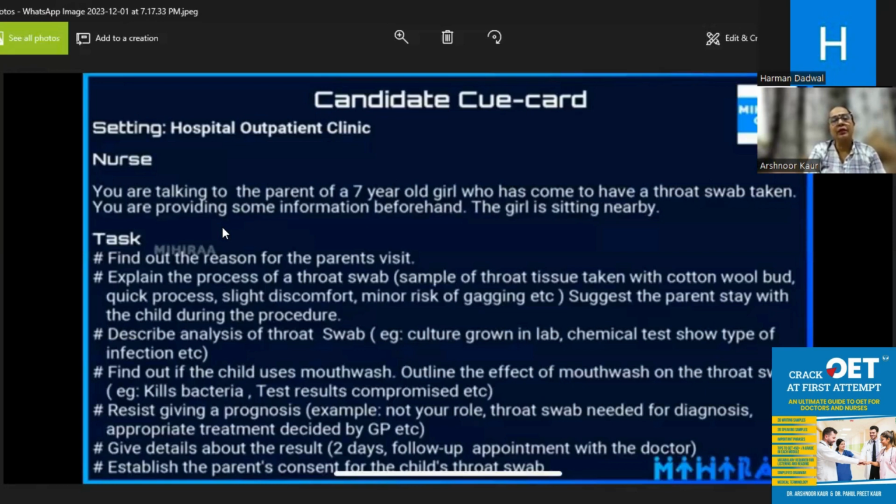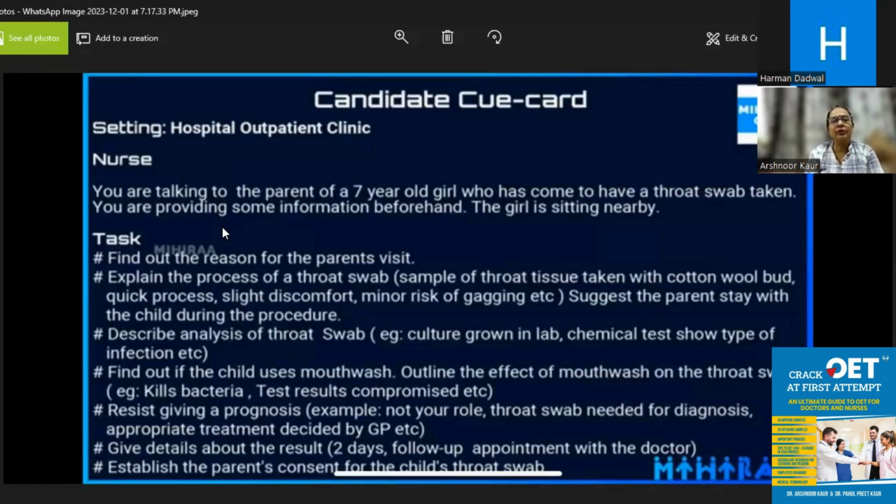Then your answer will be that it is to rule out any infection in the throat. And as you told me that your child has been suffering from sore throat and some chest infection, in this way, the best way to get her investigated is to get her throat swab test done.